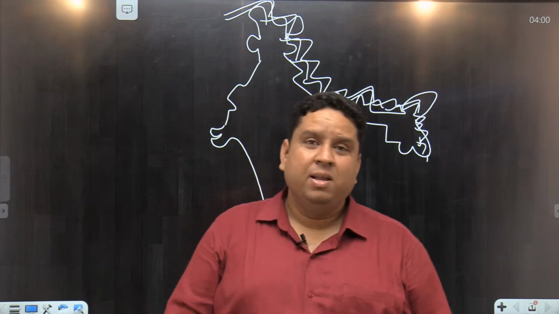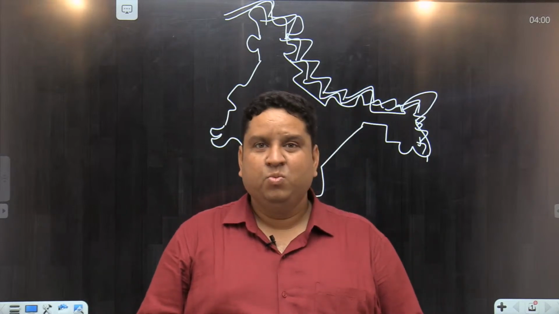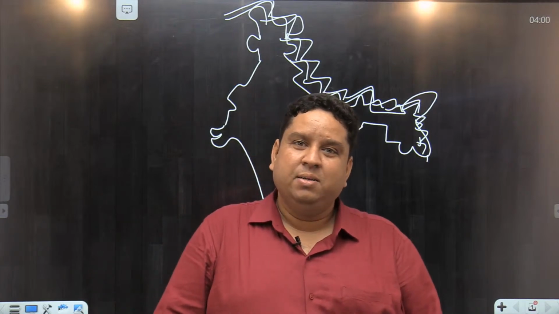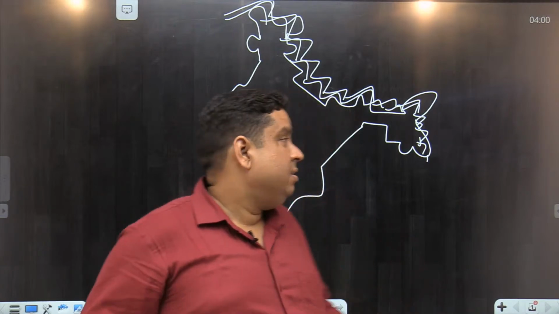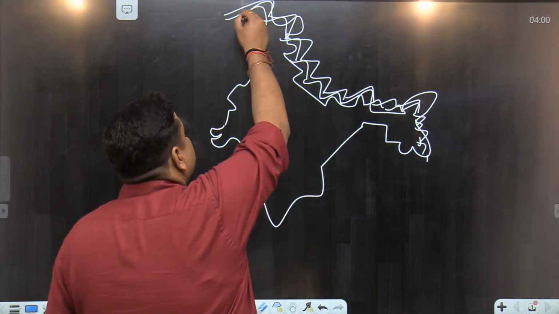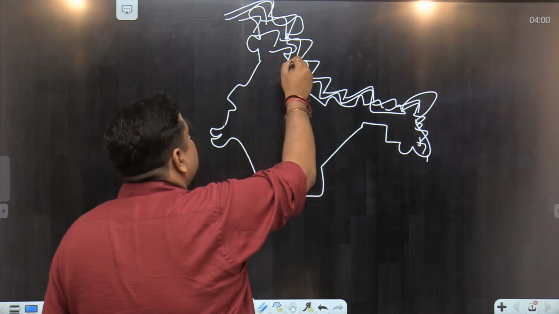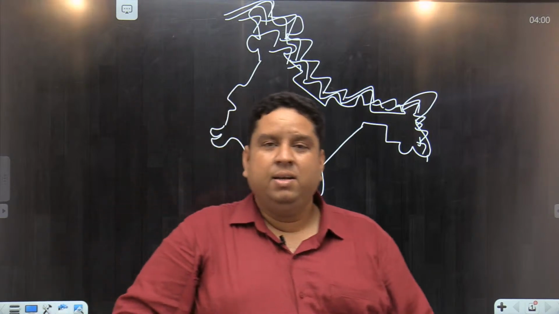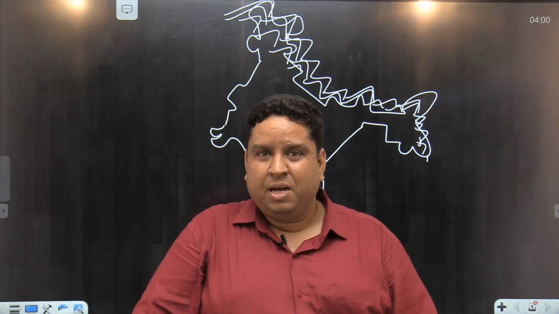So we have very good neighbors, like Pakistan and China. So at least at this front, these Himalayan ranges are protecting us from the neighboring countries. They are acting as a natural soldier, as a natural guard.